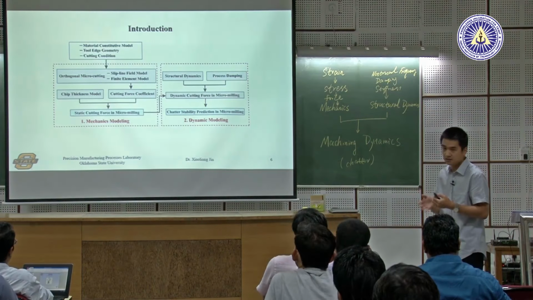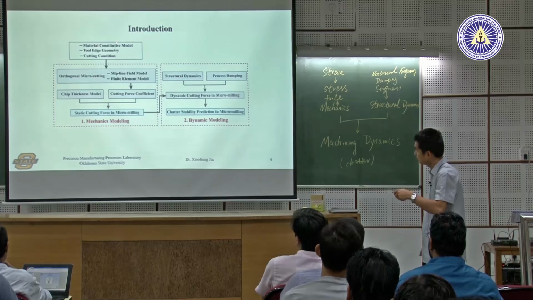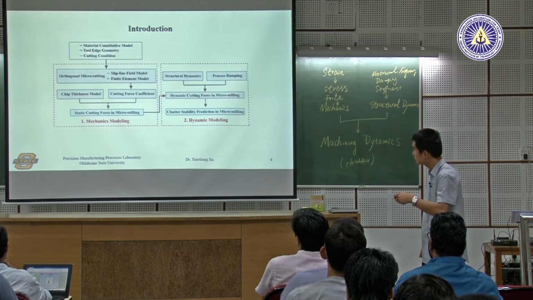And I also developed an equivalent numerical model based on the finite element method. So we are trying to predict the cutting force from the material property and the edge geometry, which here mainly means edge radius. And then the cutting conditions, which come from the chip load, uncut chip thickness, and the cutting speed.